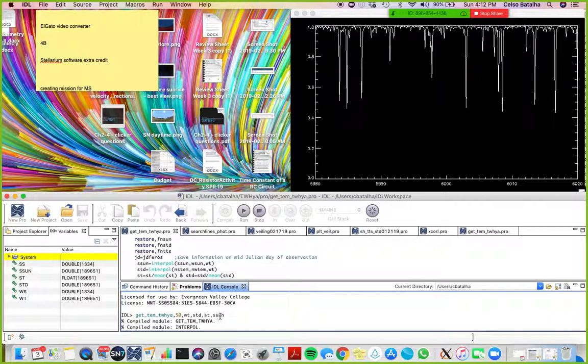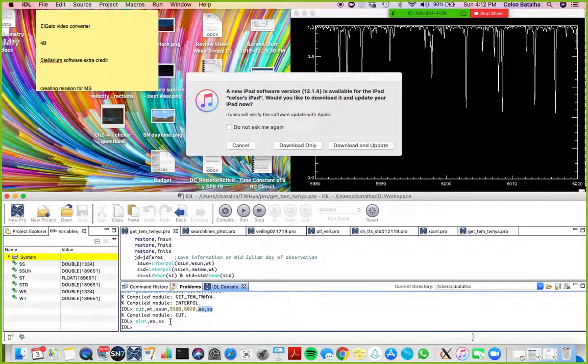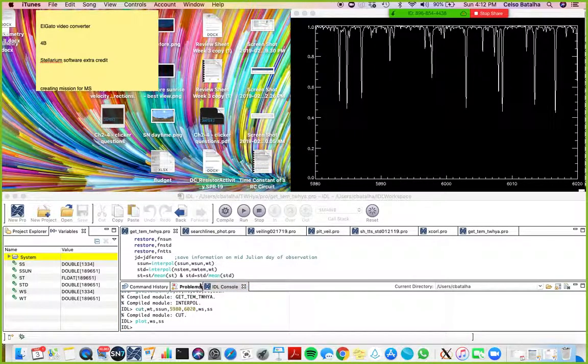So I call the spectra, the solar spectra, which is WT at sun, and I'm cutting in 40 angstroms and loading that in WSSS, right? And I'm cutting this WSSS in, oh, I already cut it. So I'm plotting that, and then you have these nice lines over here, right? So just memorize them.